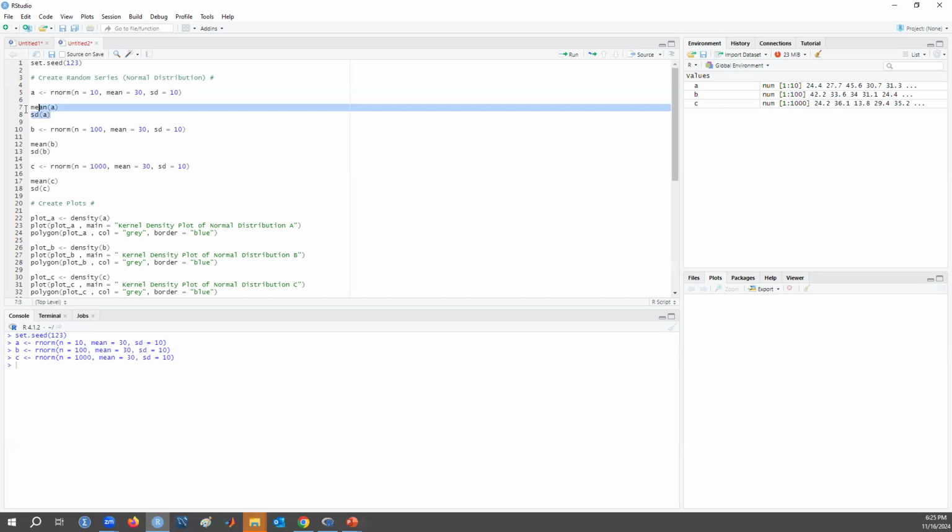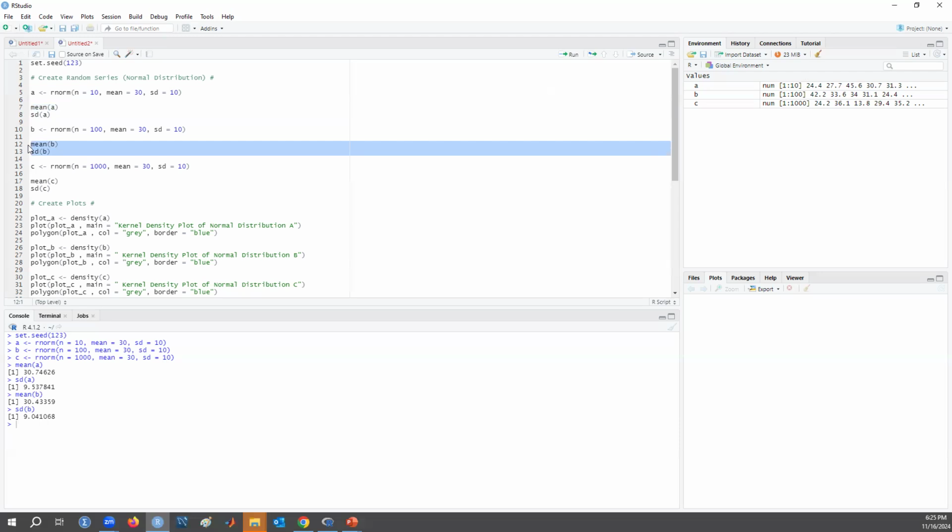So let's take a look at the mean and standard deviation for A. A only has 10 observations. So we have a mean of 30.74, and we'll round each one of these to two decimal places, a standard deviation of 9.54.